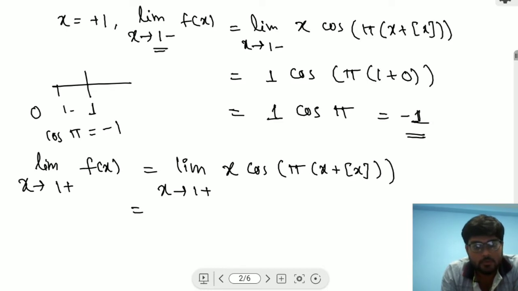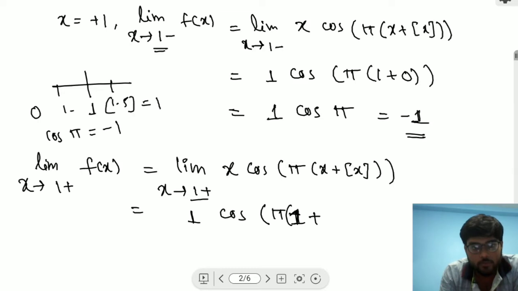Now this is 1 cos pi into x, which is equal to 1, and 1 plus is 1.5, and the box value of 1.5 equals 1, so this will be 1 again.